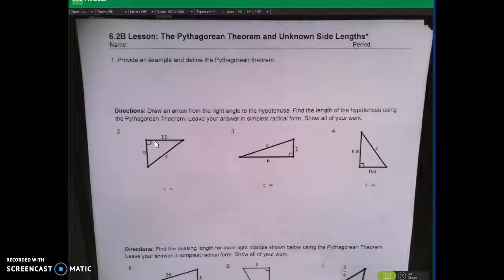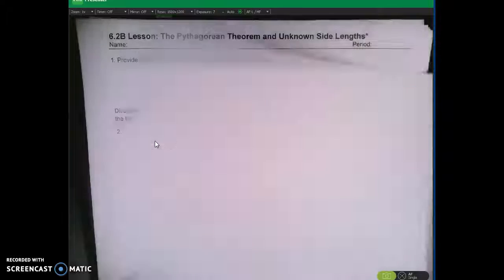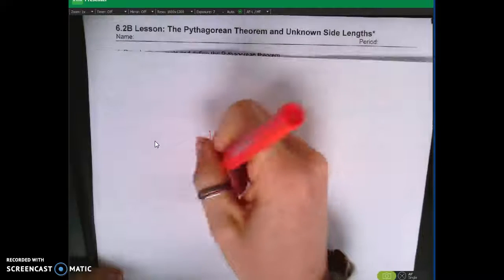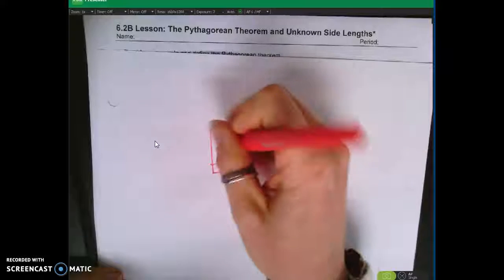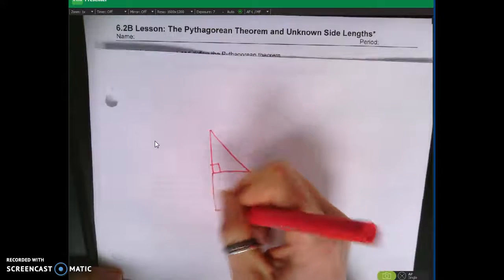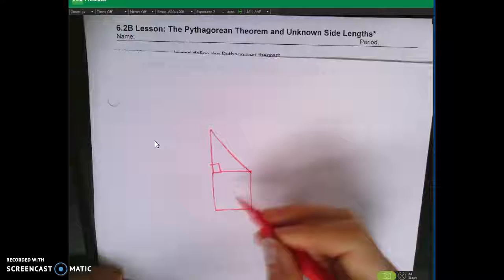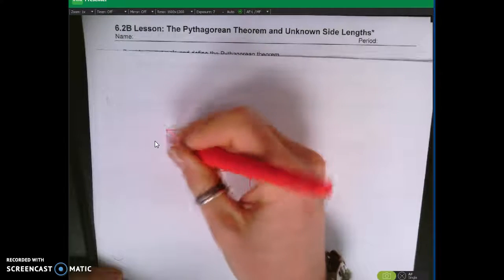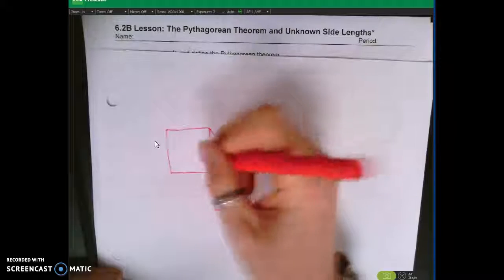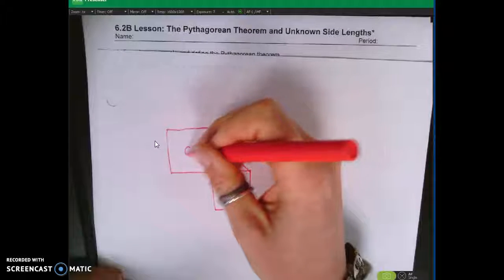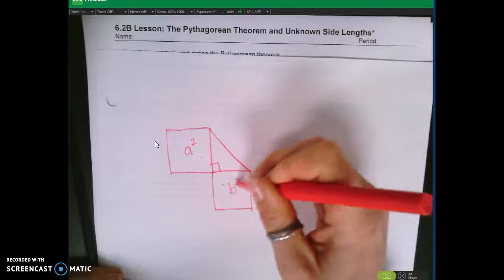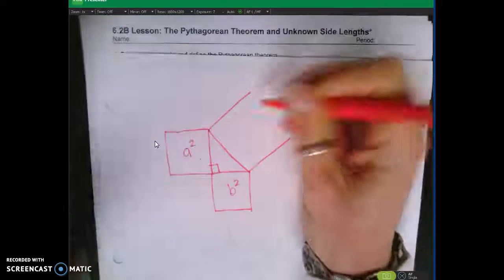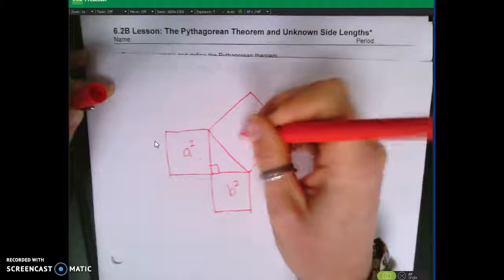So yesterday we discussed the Pythagorean Theorem a little bit, and we saw that for what type of triangle? That's right, for any right triangle, we saw that the area of the square created on a leg plus the area of the square created on the other leg is equal to the square created with the hypotenuse.